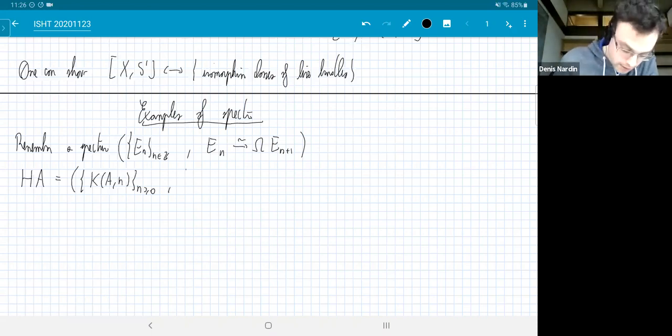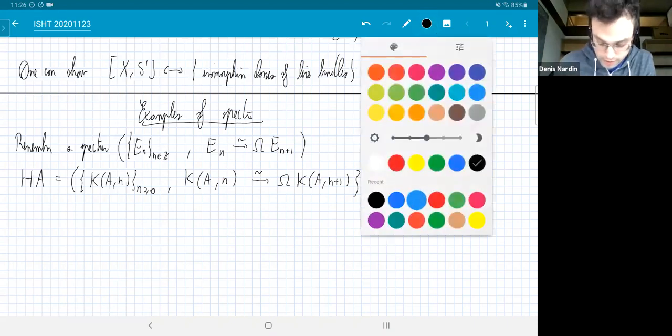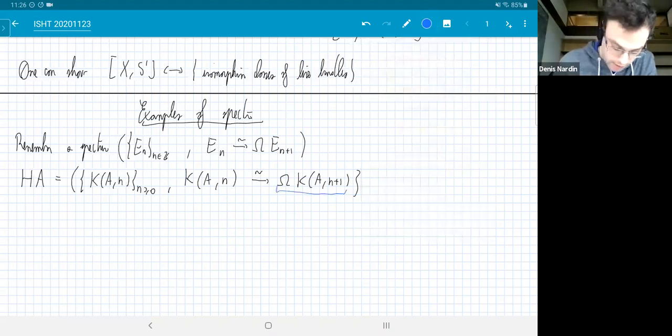And this is this canonical equivalence that we just constructed, since this has pi n is A and 0 in other degrees.